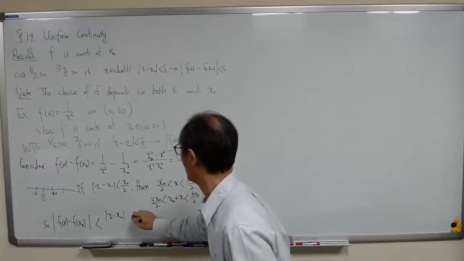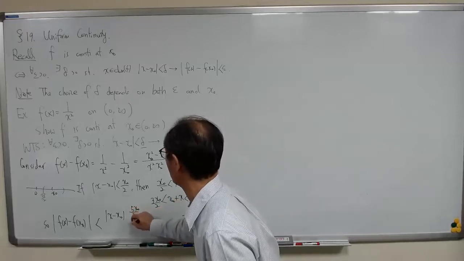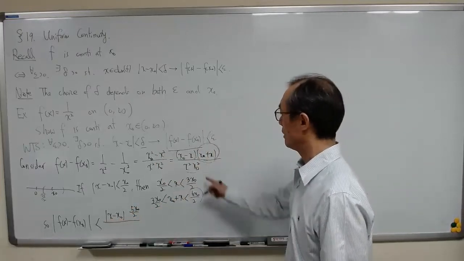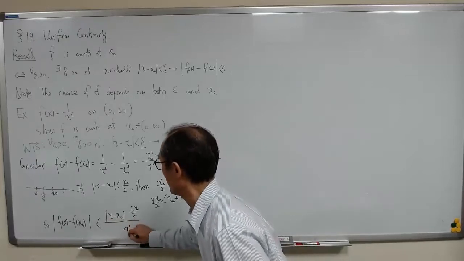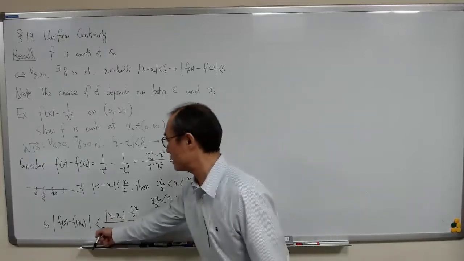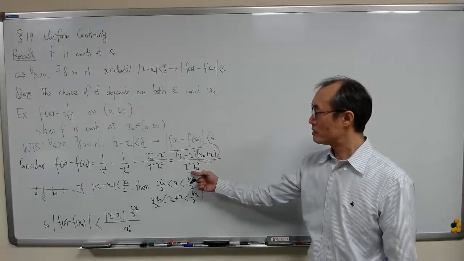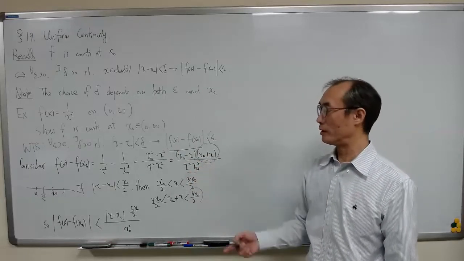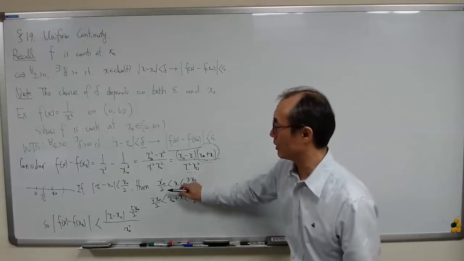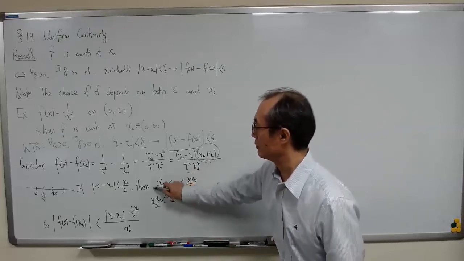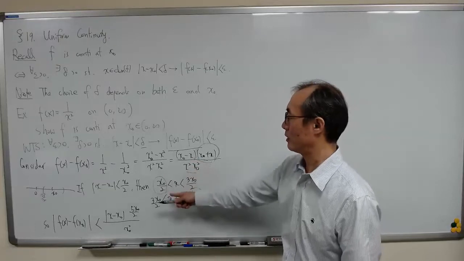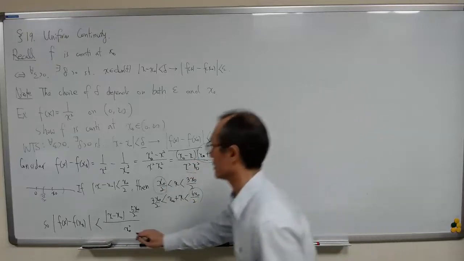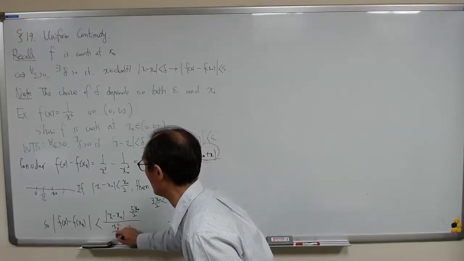So this term will be replaced by 5 x naught over 2. And here we have x naught squared. And to get this inequality, we're going to replace the variable x in the denominator by something smaller than x itself. If you replace this x by half of x naught, we're going to have x naught squared over 4.